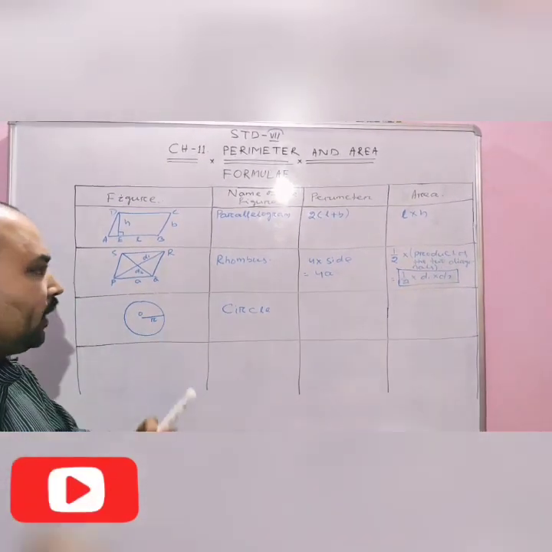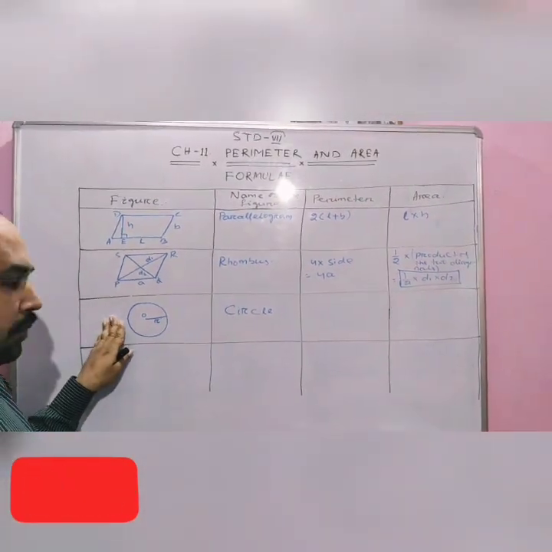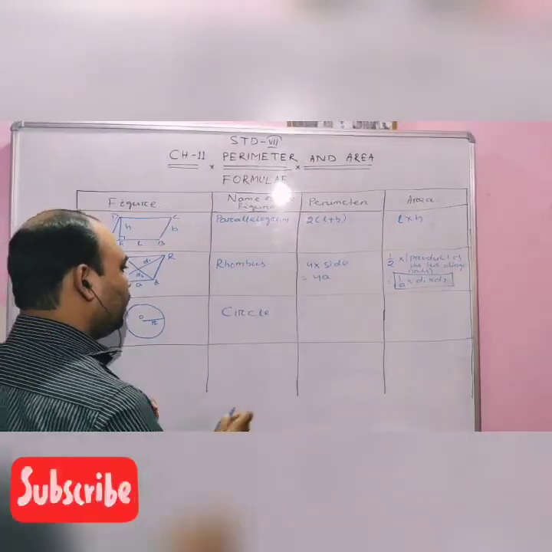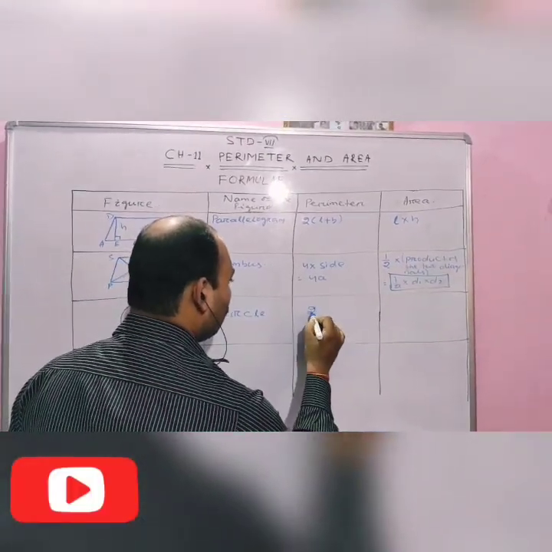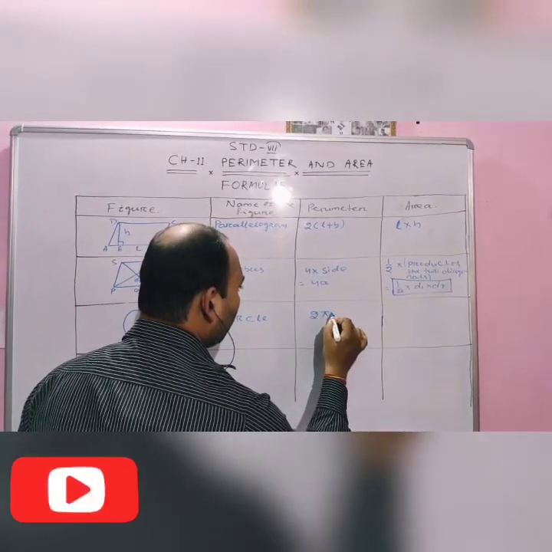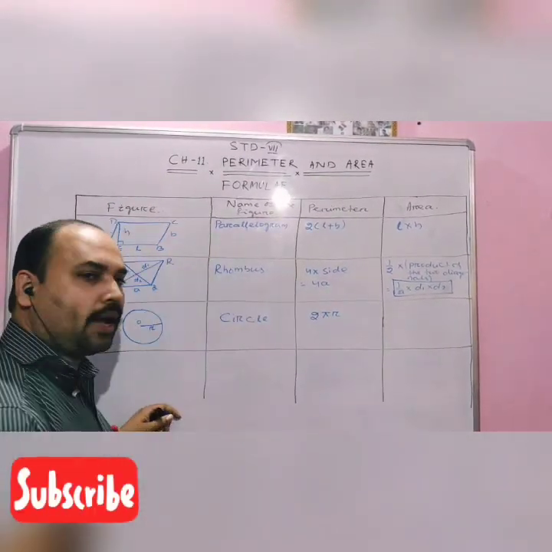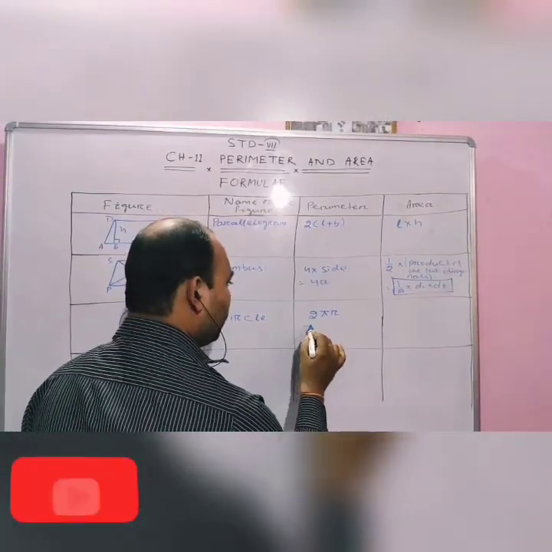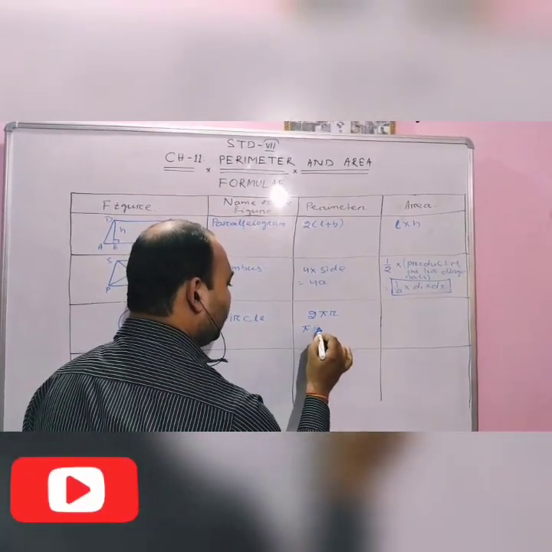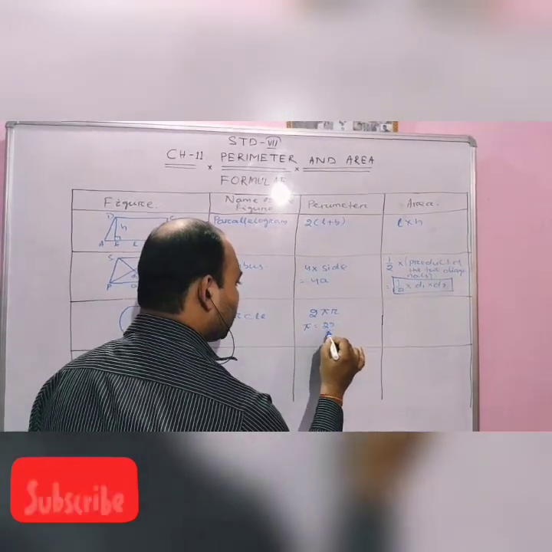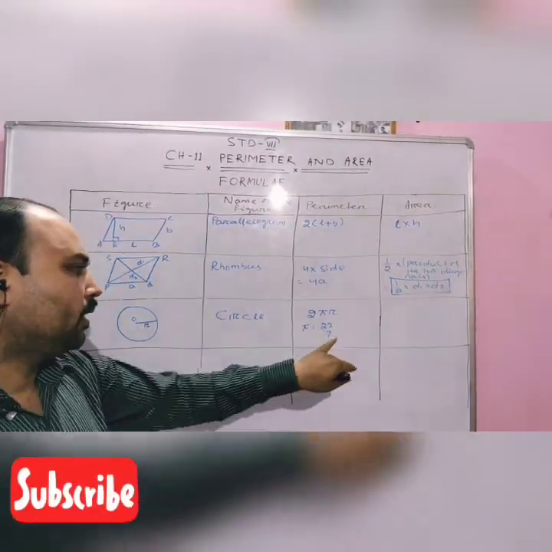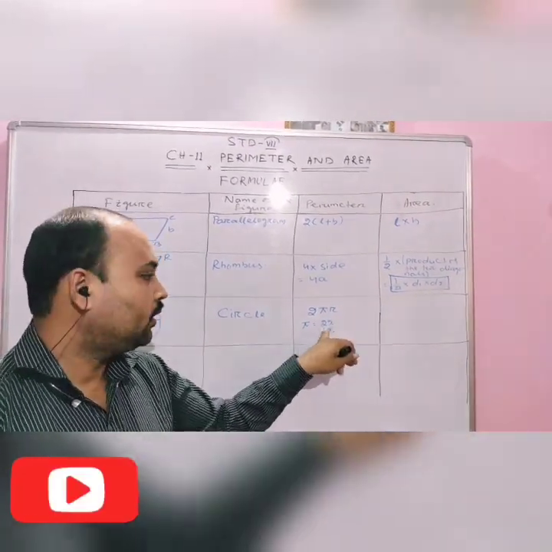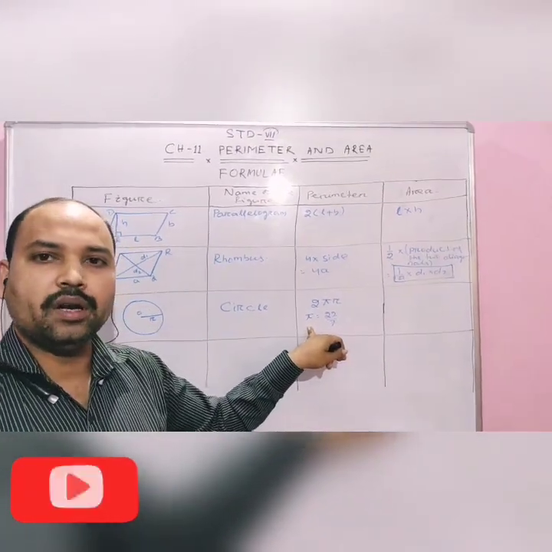What is the formula of the circumference of a circle? The circumference of the circle is 2 pi r. Pi can have different values. If no value of pi is given anywhere, then it is 22 upon 7.